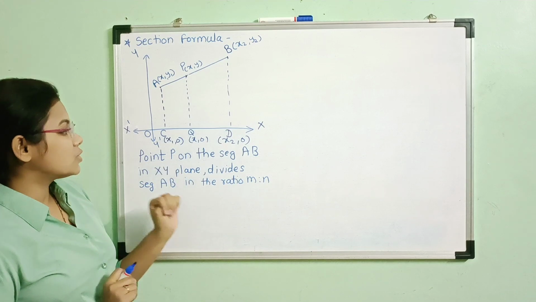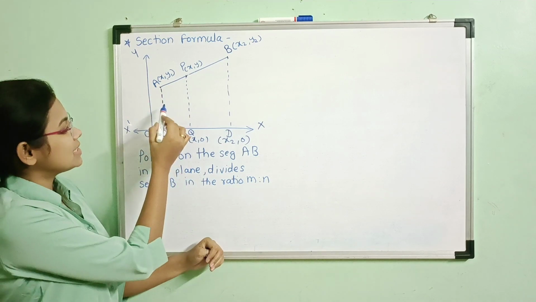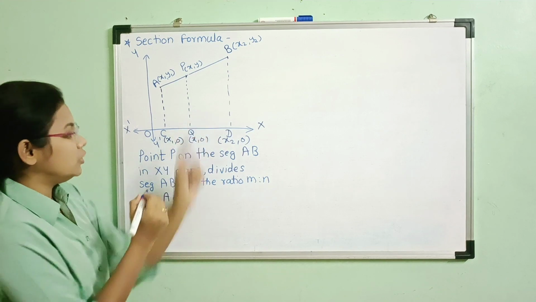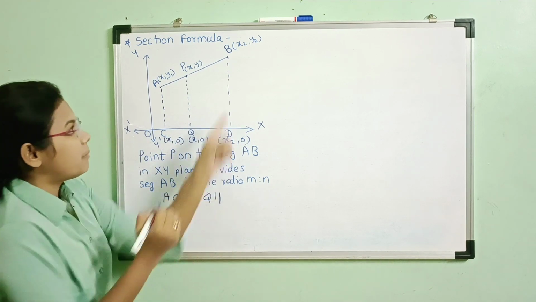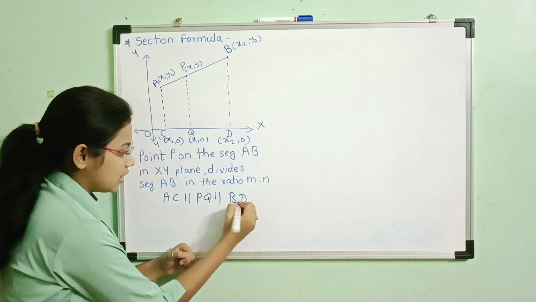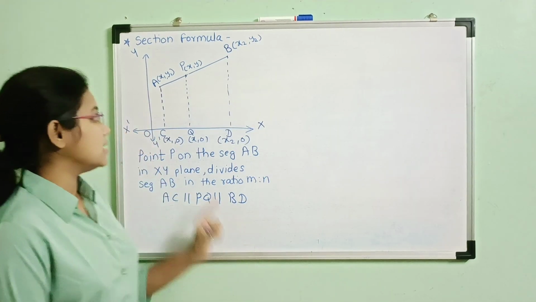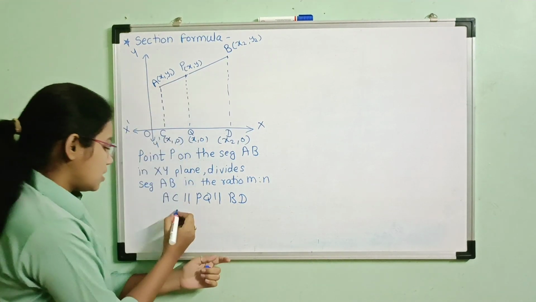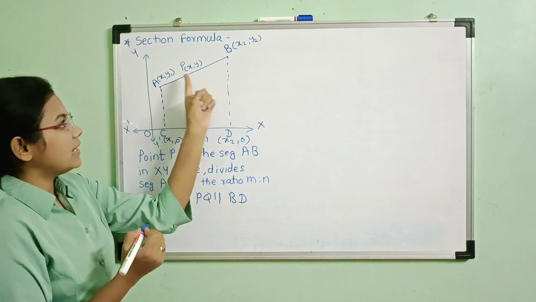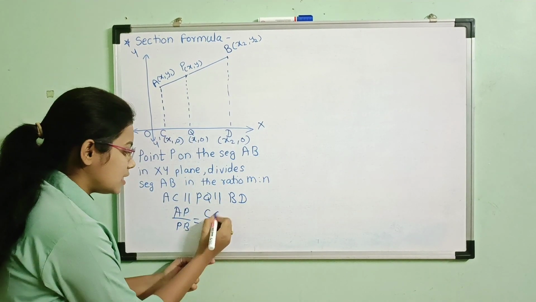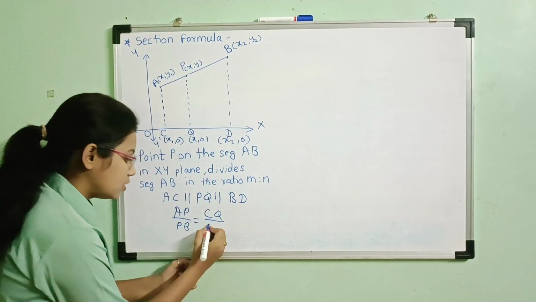Why are we doing so? Because you can clearly see that line AC is parallel to PQ is parallel to BD. Then by the property of intercepts of three parallel lines, we can write AP divided by PB equals CQ divided by QD.